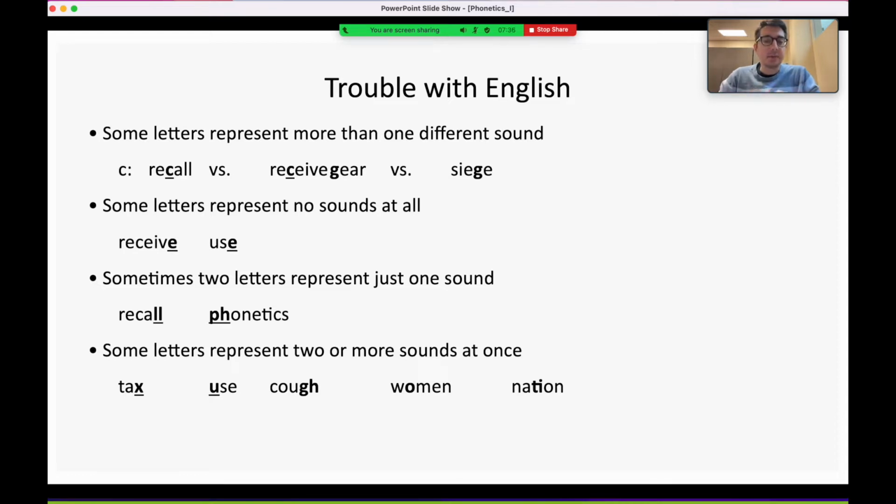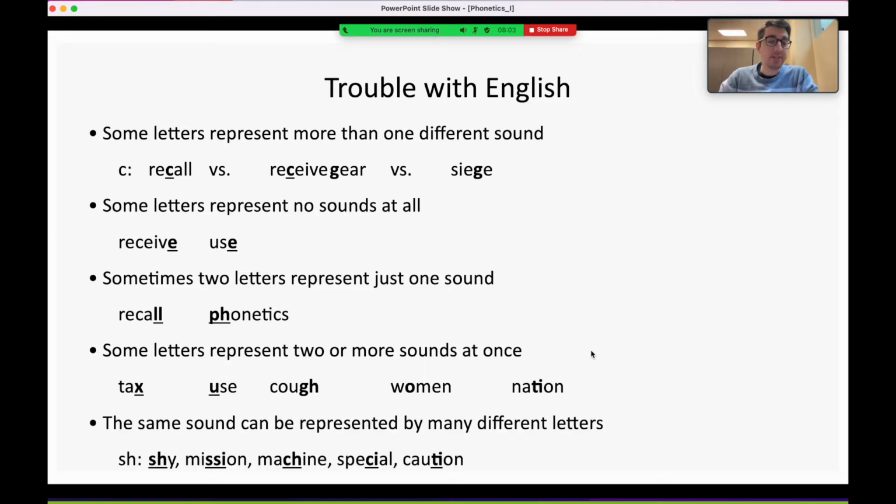This X symbol actually represents two sounds, K and S. The letter U actually represents two sounds, which are Y and U. Also cough, women, nation.